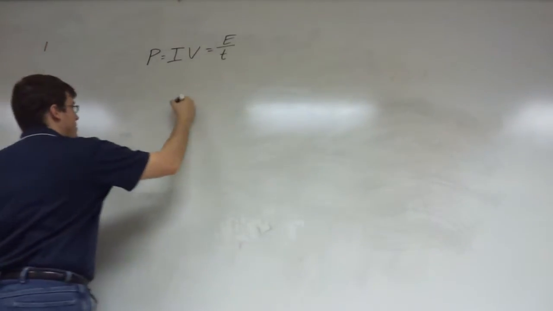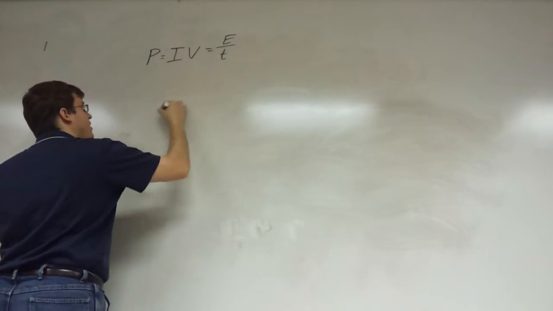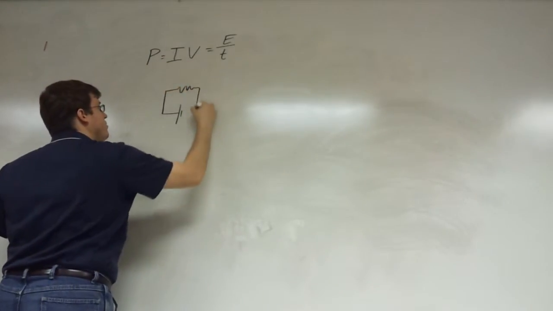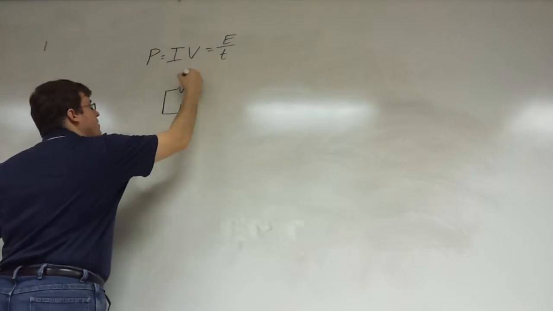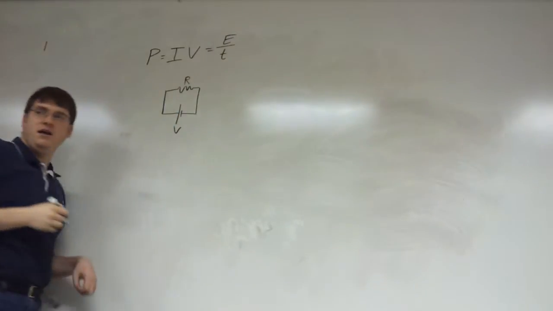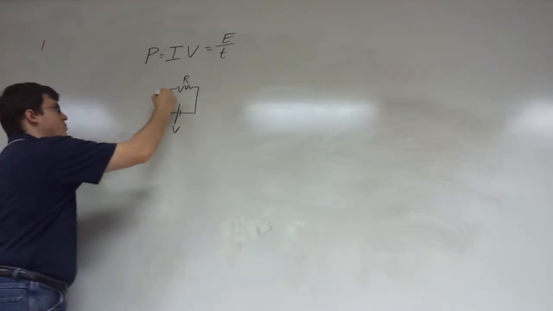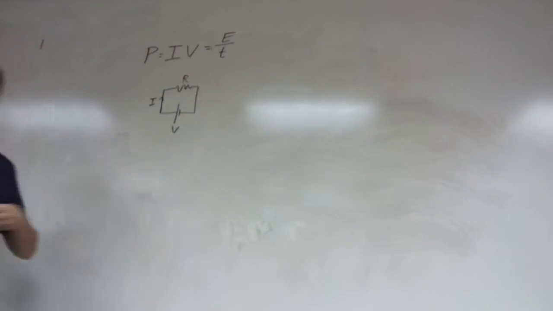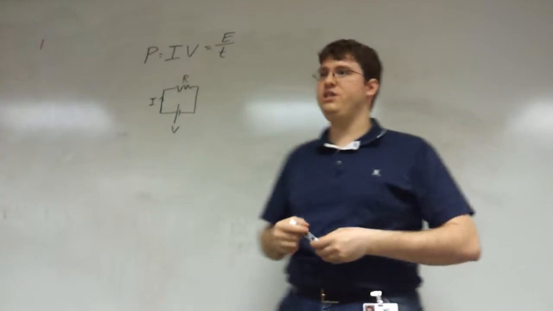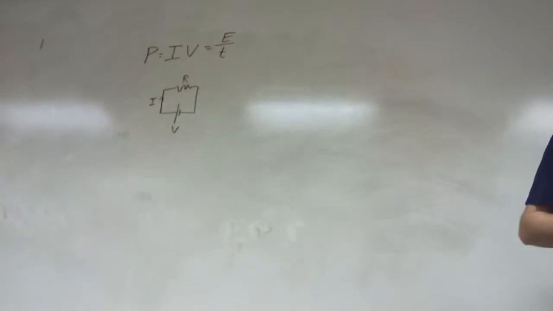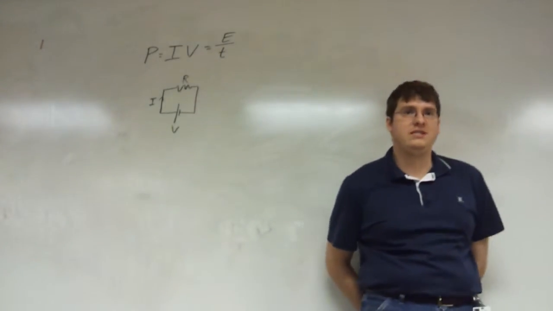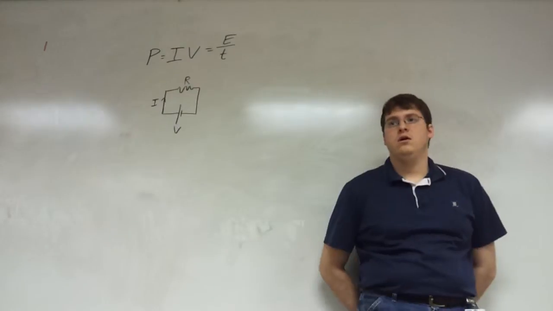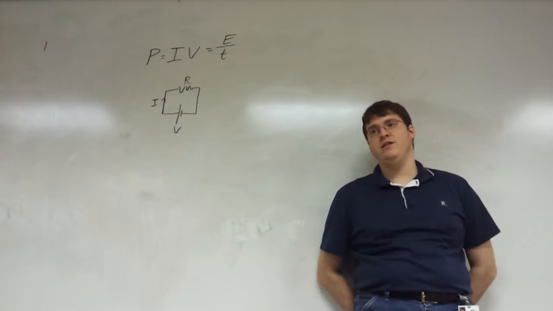If I have a current, here's a battery, resistor, real easy stuff, V, R. This is going to produce a current running through the resistor. That resistor is going to use up the energy of the battery. What form is that energy going to take? Well, it starts out as electrical in the battery.